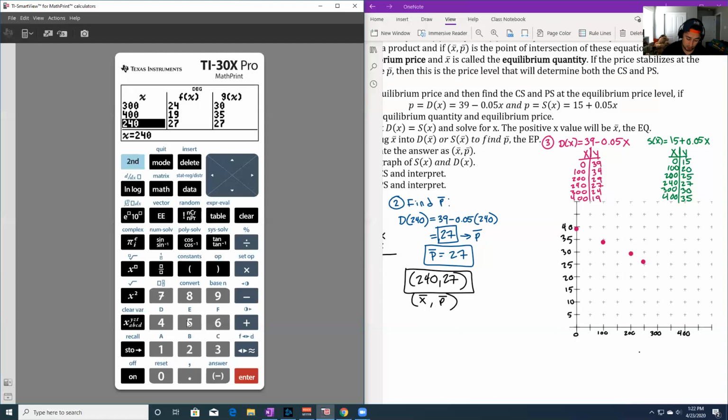I'll make that a special color because that's our equilibrium point. Then 324 right there, and then 419. Okay. Connect. Somewhat straight, right? You get the point. So there is d of x.